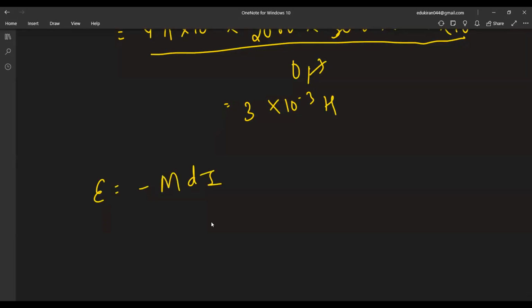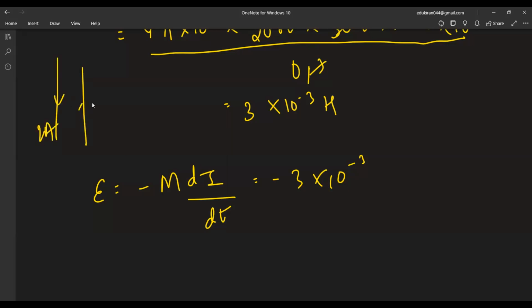Minus M dI over dt is the formula. This is minus 3 into 10 to the power minus 3. Now what about the current? Current was 2 amperes, right? Now this was reversed in 0.25 seconds.